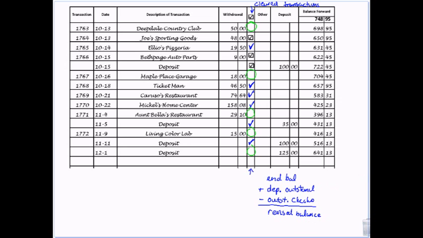Okay, so first I need to figure out what is the total of the outstanding checks. Maybe I shouldn't do that. I should write the word checks so it doesn't get confused with the check marks. Okay, I have a $50 one right here, an $18 one, a $29.10, and a $15.